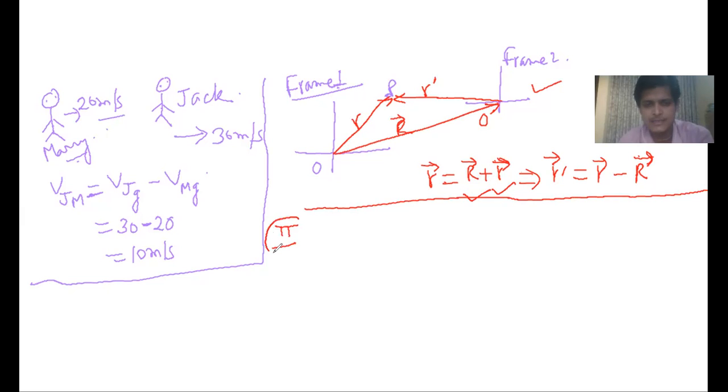So an inertial reference frame is that frame which is either at rest or moving with a constant speed. Okay, or constant velocity we can say.